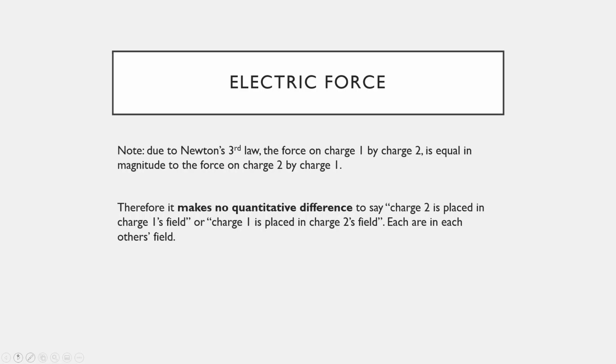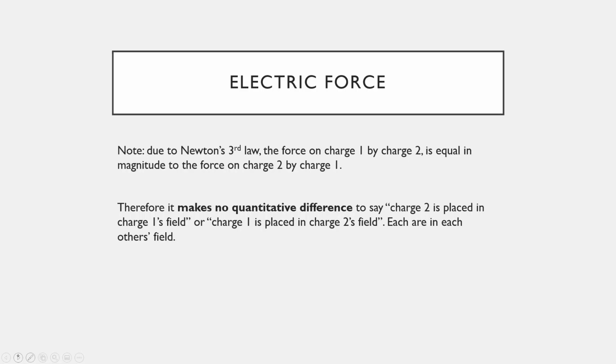So it doesn't actually make any difference whether you say that charge 1 is making the field and charge 2 is being placed in the field, or charge 2 is making the field and charge 1 is being placed in the field. The two are equivalent in terms of the forces that the charges would feel. The magnitude of the electric field might be different in those two cases, but the force that each one would experience is the same, no matter which way you think about it.